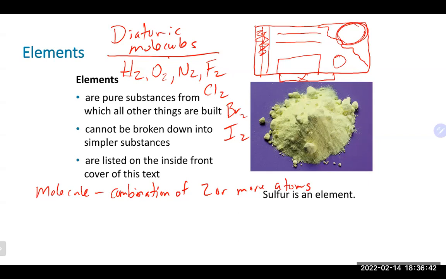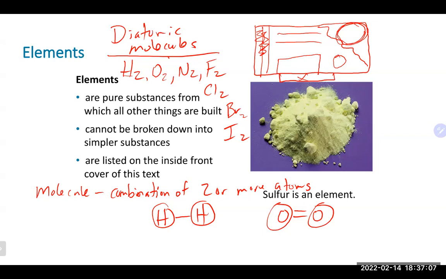But in each of these cases here, these guys are all elements, and they're also considered diatomic molecules, because when you have hydrogen, you've got 2 hydrogen atoms that are together. You have oxygen, you've got 2 oxygen atoms that are together. So they meet the definition of a molecule, which is why they're sometimes referred to as diatomic molecules.